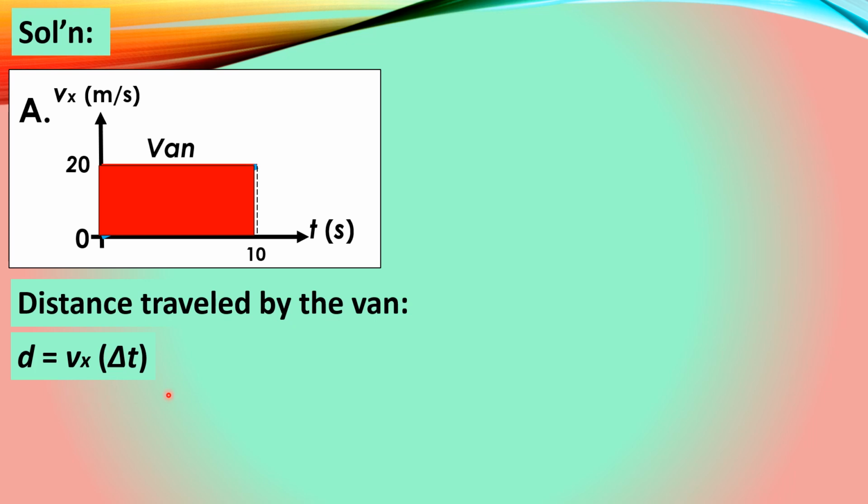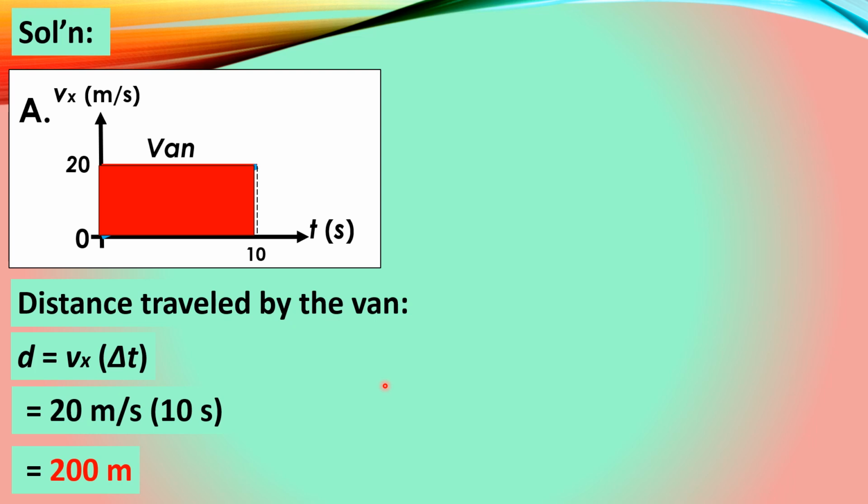So when we multiply the velocity of the van, which is 20 meters per second, by the time elapsed of 10 seconds, we will get the distance traveled equal to 200 meters. And since the van is moving with a constant velocity, we say that its average acceleration is equal to 0, right?